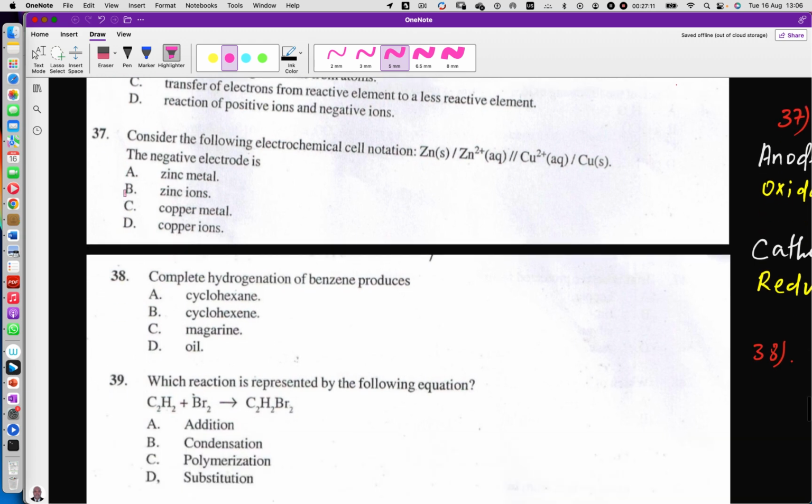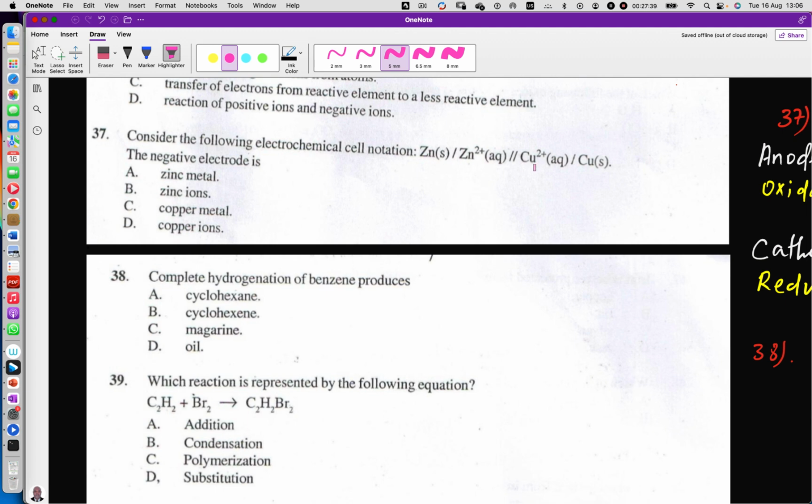Okay, 37. Consider the following electrochemical cell notation. We have zinc solid in solution. It will give out its electrons, implying that it is undergoing oxidation, the loss of electrons. From zinc 0 to zinc 2, it is undergoing oxidation.